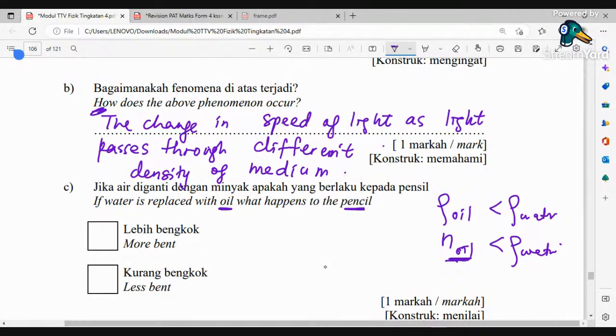So maksudnya less bend. Okay, sorry. Ya. Ini density yang betul. Kita nak discuss ialah optical density.